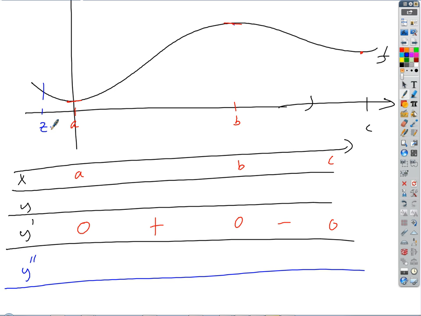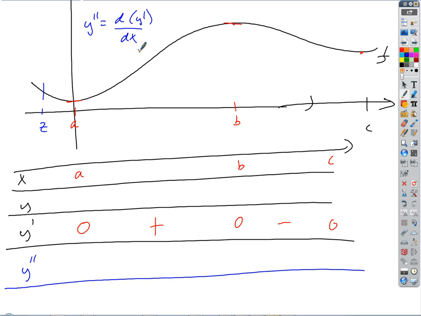The derivative decreases until it gets to A where it's at 0. The first or the second derivative? The first derivative. Y double prime is really just the rate of change with respect to x of the first derivative. Is it constant? From Z to A?